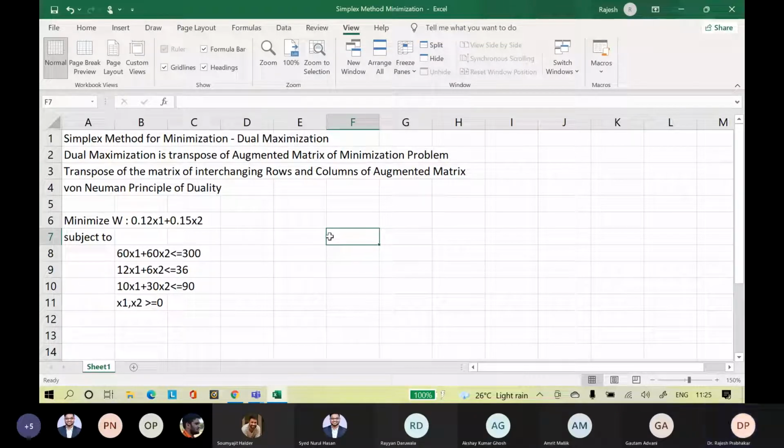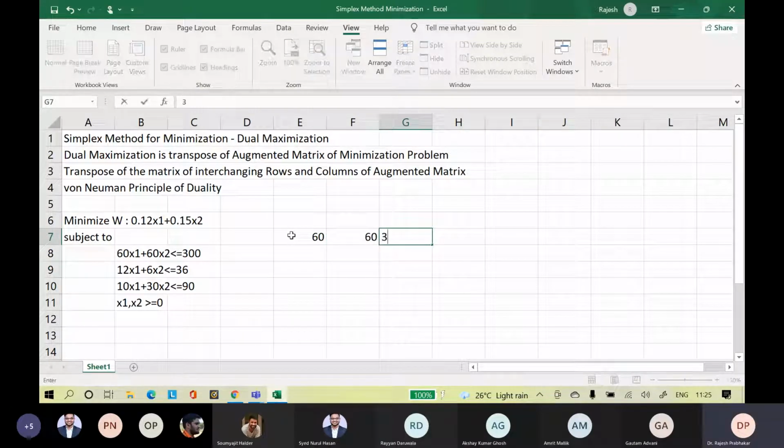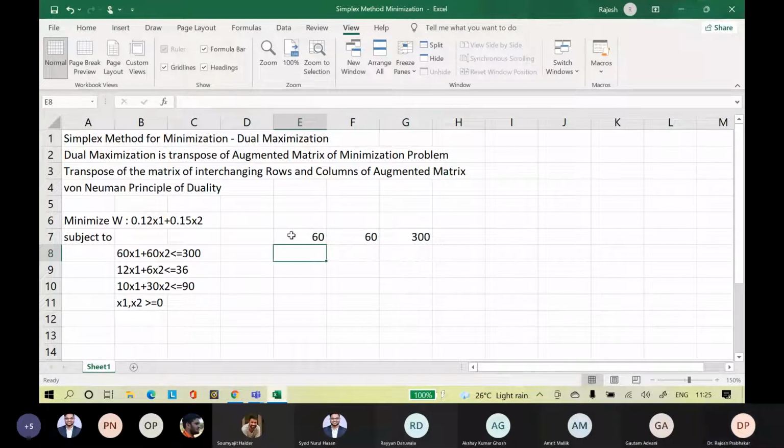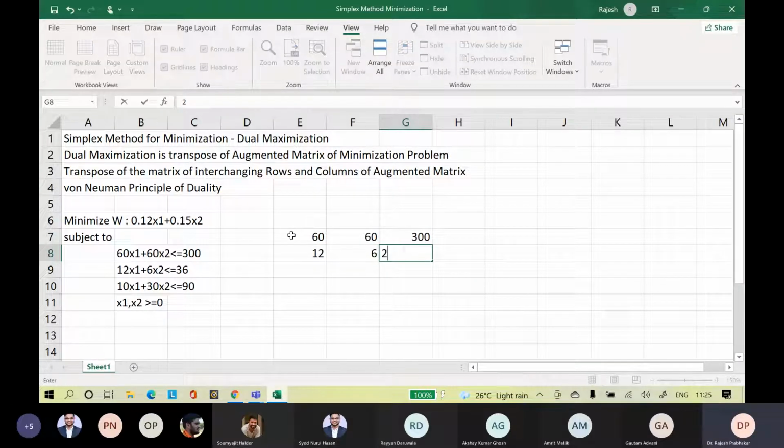Yes, sir. So in simplex method, what we will do is we will write the augmented matrix like this, right? 60, 60, 300, 12, 6, 36, 10, 10, 30, and 90, right? This is how we have done.